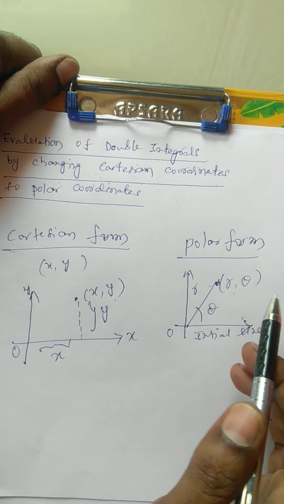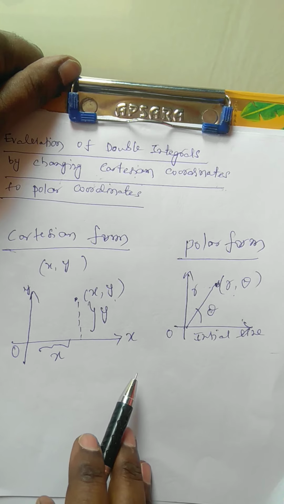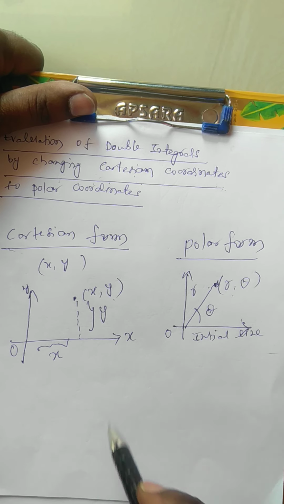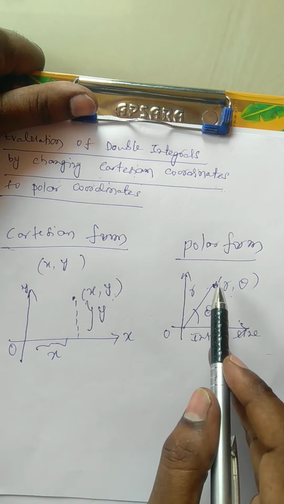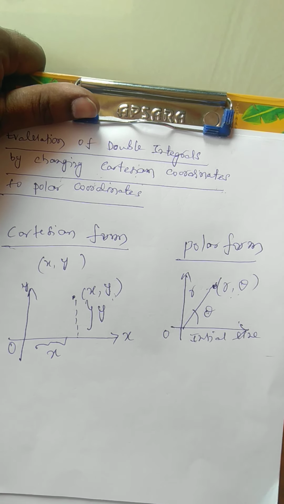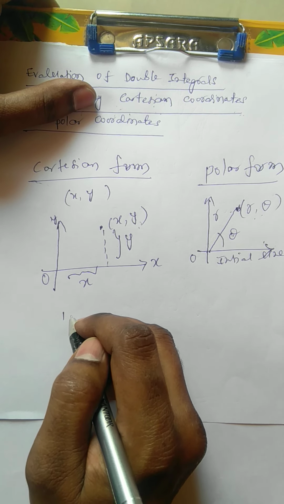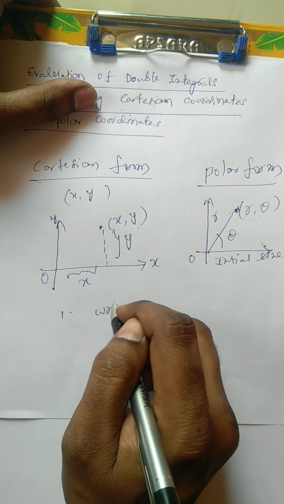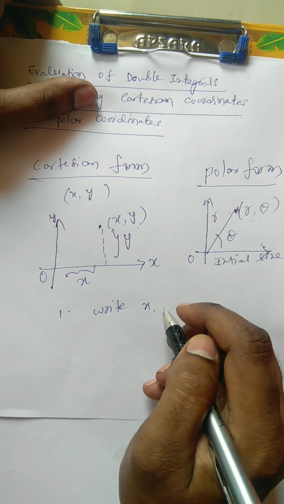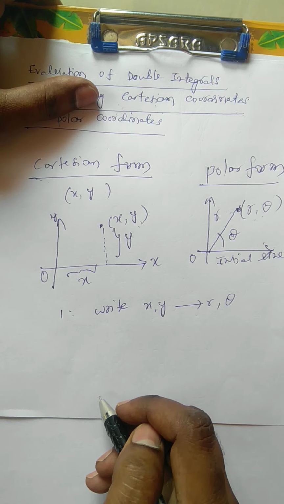Now I want to change Cartesian form to polar form in a double integral. In a double integral we have two variables, x and y, and we have to change x comma y to r comma theta. If you want to change x comma y to r comma theta, you are supposed to follow three steps. Step 1, write x comma y in terms of r comma theta.